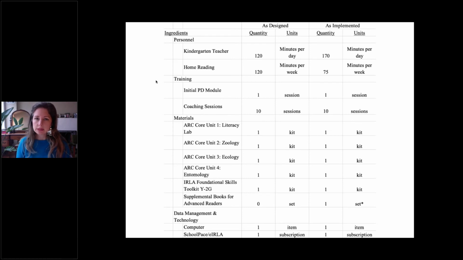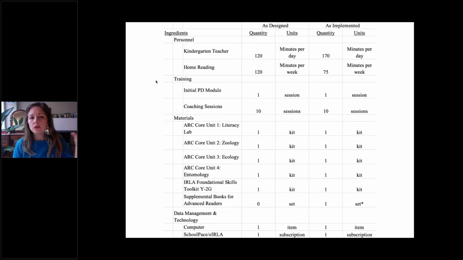The reason for doing that is that when we started out at the design phase, we did this listing of our ingredients and honed in on, well, with materials, you'll see right there in the middle, we sort of know what's happening. The classrooms in our treatment group are going to get a kit. We know that there's going to be some PD and some coaching.